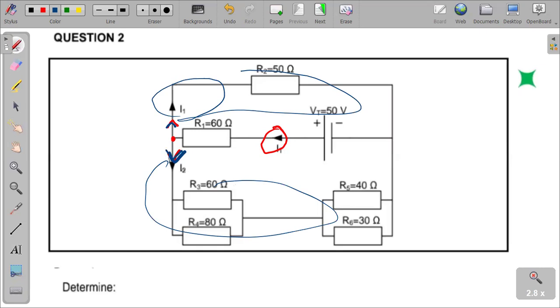Current I2 is the same current that will flow through these two resistors as well as these two resistors here, which means this whole group of resistors, in their combinations, are also in series. Why? Because they're experiencing the same current I2.